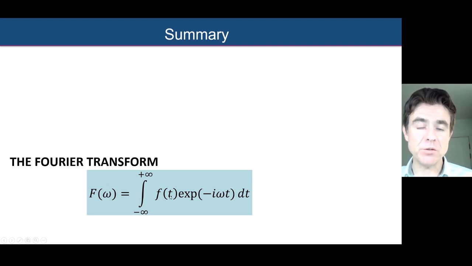So when this meets its counterpart in f of t, we'd get e to the plus I omega t multiplied by e to the minus I omega t, which is e to the 0, value of 1, which is finite on integration. Hence that gives us the amount, that complex valued amount or complex coefficient f for frequency omega. So that's the Fourier transform.